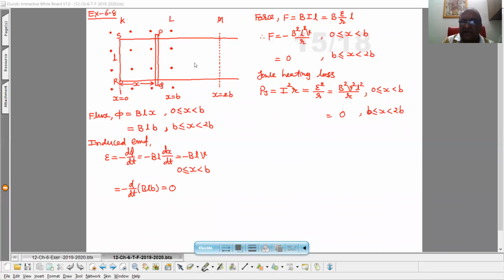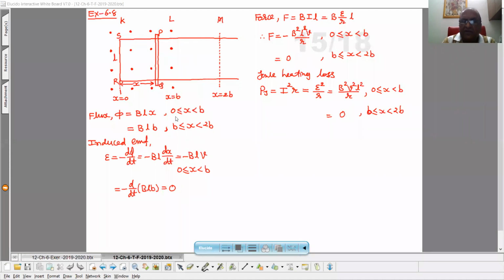But after that, if we move this one up to 2b, then b to 2b, there is no field. See in the figure. It implies that flux associated with this loop formed, if PQ is anywhere in between b to 2b, the flux associated will remain BLb, because in this portion flux is not associated because field is not there.